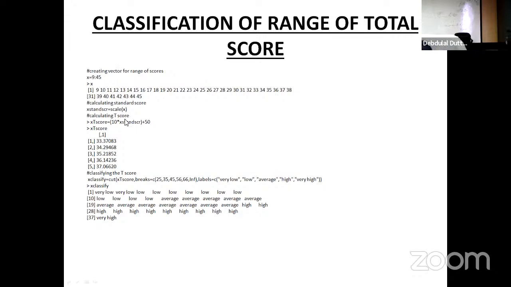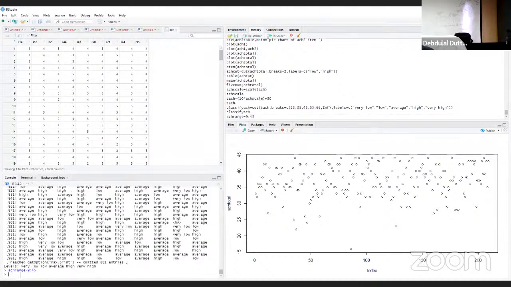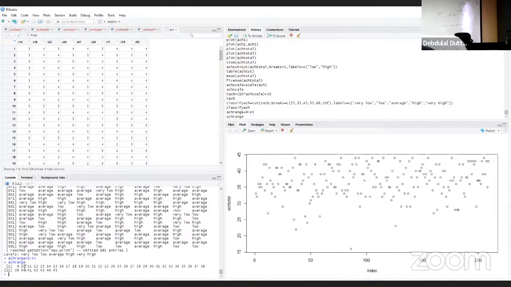So for now, we are going to find out the range in R. Suppose I am naming it as H range equal to 9 to 45. So the range has been given.